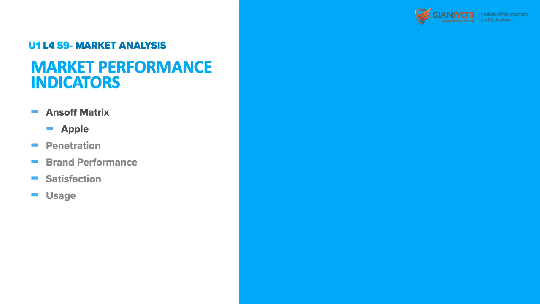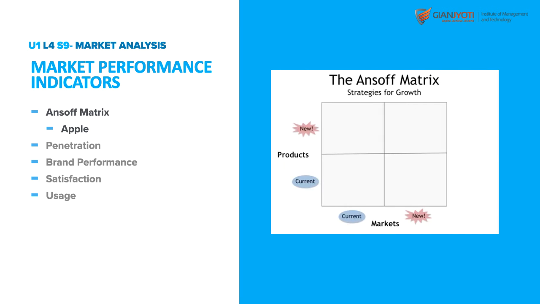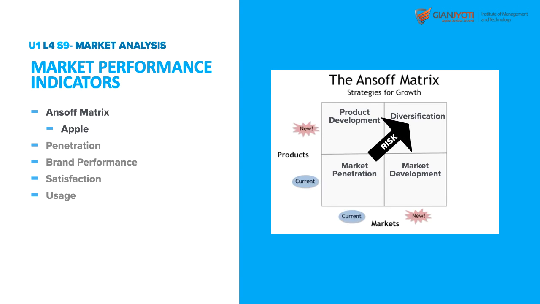And the last one is diversification, wherein we try to introduce new products in the new market. So the product is new, the market is new. And as we move from market penetration to diversification, the risk increases.